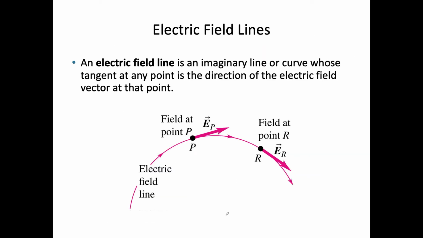Another concept is the electric field line. The electric field line is not realistic, it's an imaginary construct. If you have an electric field line and you choose a point on the line, then you draw the tangent line, which gives you the direction of the electric field at this point. Pick any point on the electric field line, draw a tangent, and it will give you the direction of the electric field.